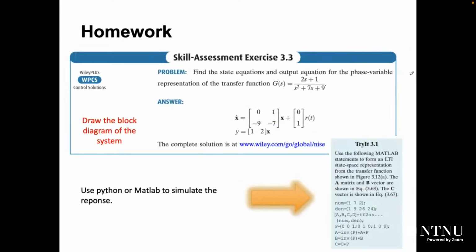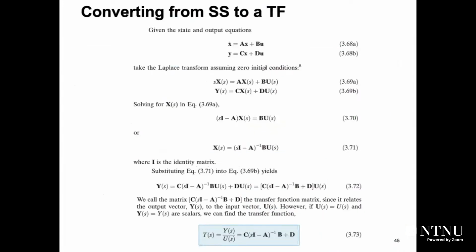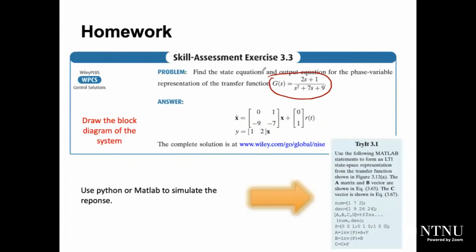Now we have a skill assessment exercise. In this exercise, you have a transfer function, and from this transfer function we need to find the state equation. I would like to solve this one with you. We need to decompose it, similar to the last example.